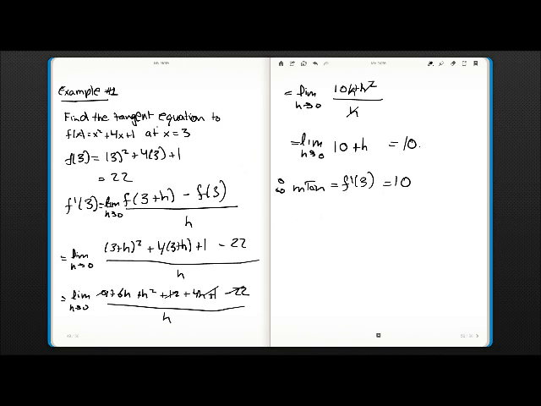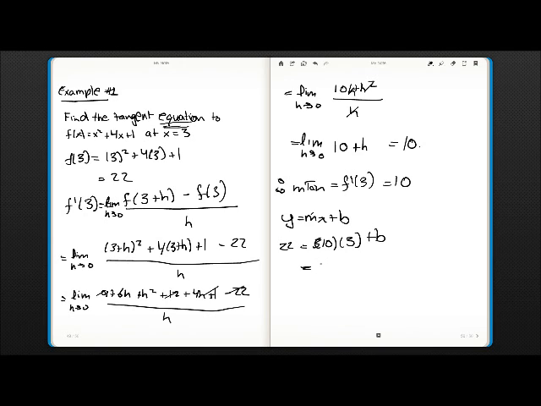But we are looking for the tangent equation. So the equation of the tangent is y equals mx plus b. We already know the m and we know the two values, so we just need to find b. So 22 equals 10, the slope, times 3, the x value, plus b.